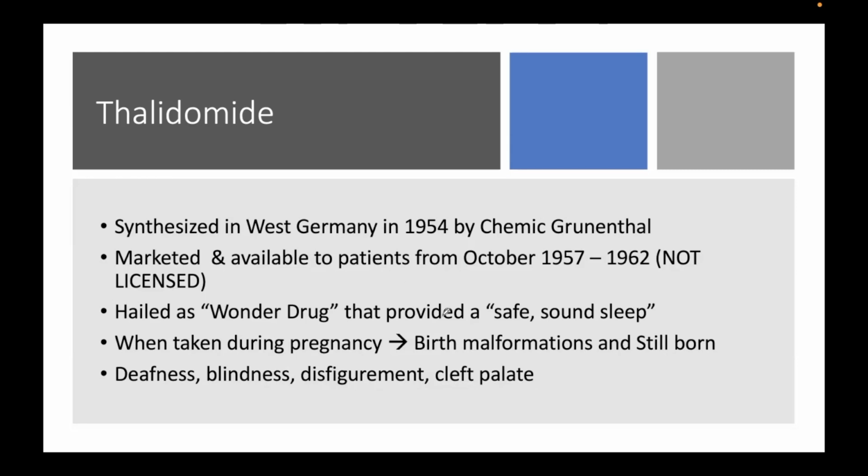This drug, thalidomide, was synthesized in West Germany way back in 1954. So this is after the Tuskegee study. It was marketed, as well as made available to patients from 1957 to 1962.